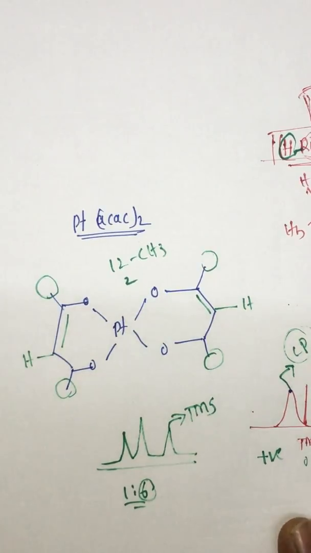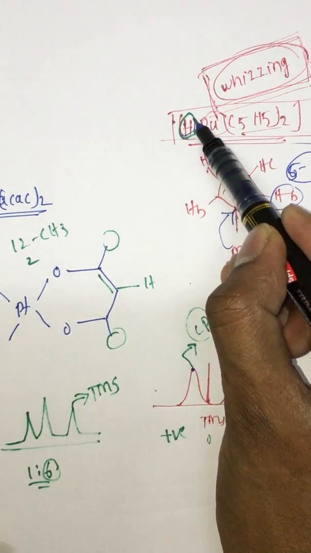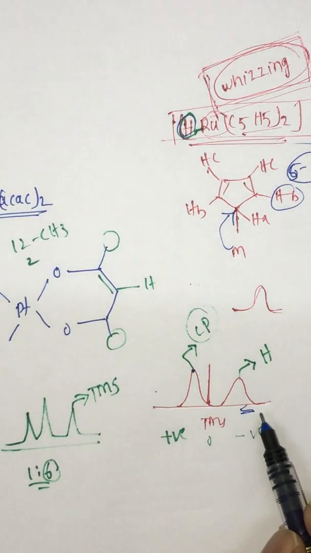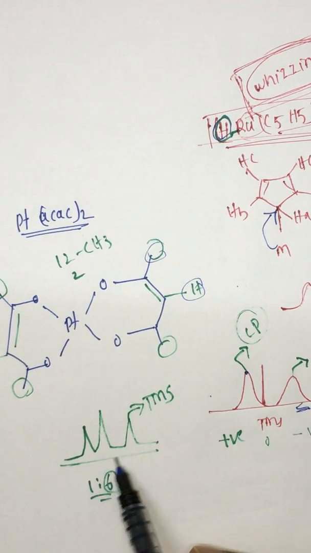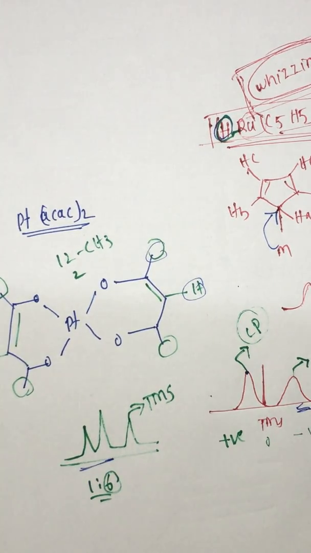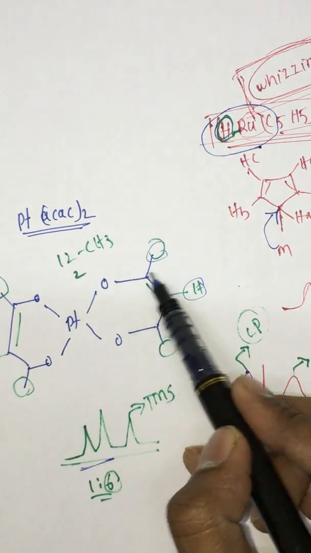And here it is clear that in this case the hydrogen came in the negative region, whereas here these hydrogens are coming in the positive region. It is clear that here the hydrogen is directly attached to the metal, but here it is not directly attached to the metal.